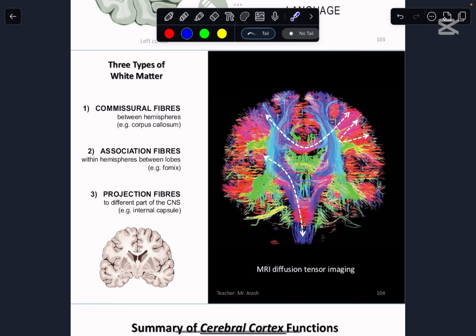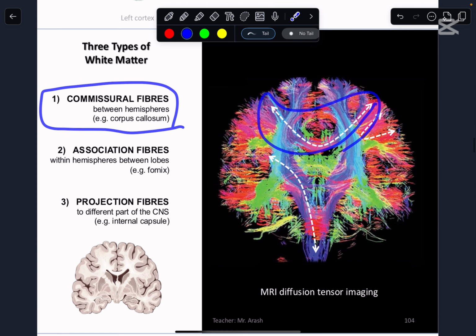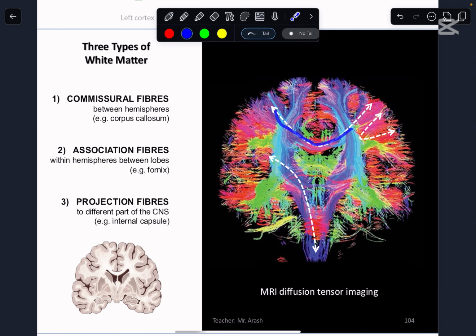So what we see here, guys, is this whole idea of connection between two parts of the brain, the left and right parts of the brain. That would be the function of the commissural fibers. That's these fibers right here, as you can see, right? This dotted line shows you the connection between left brain and the right brain. We call them fibers.